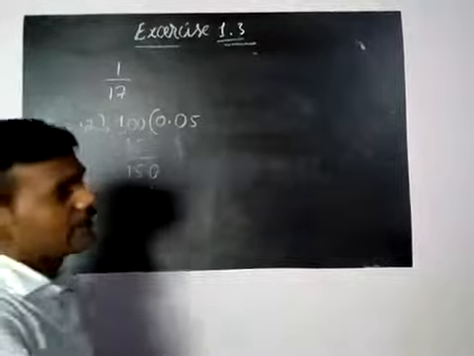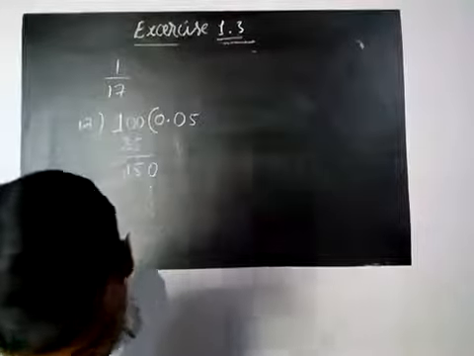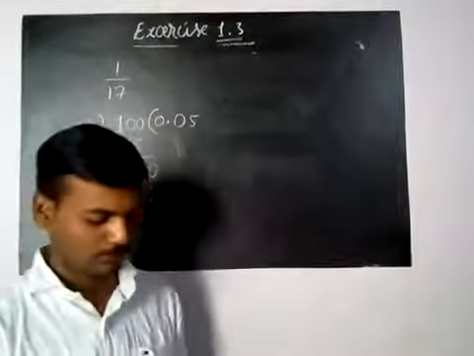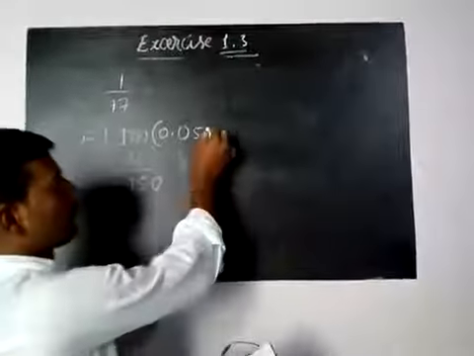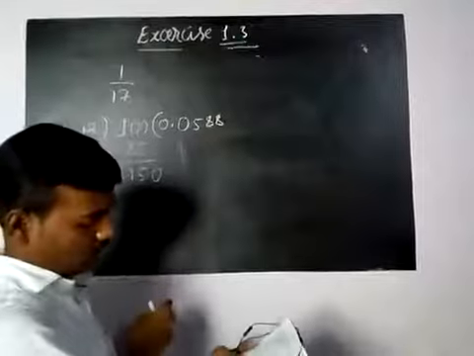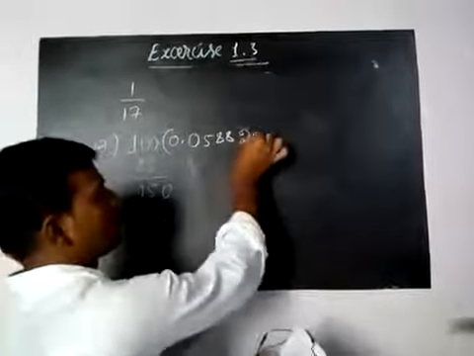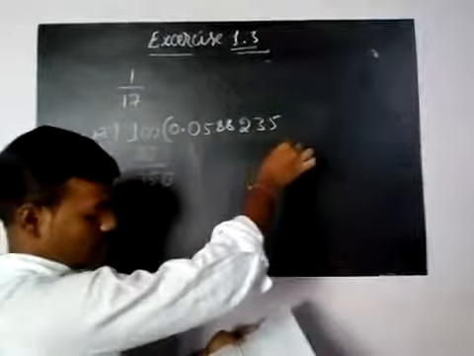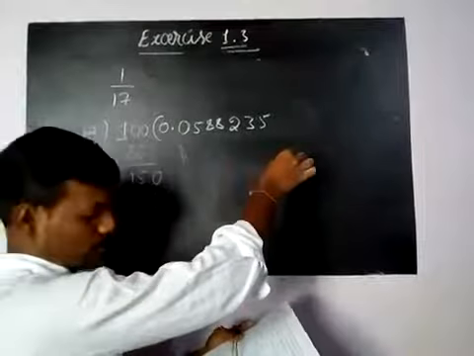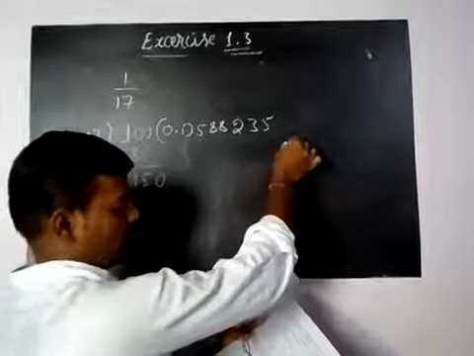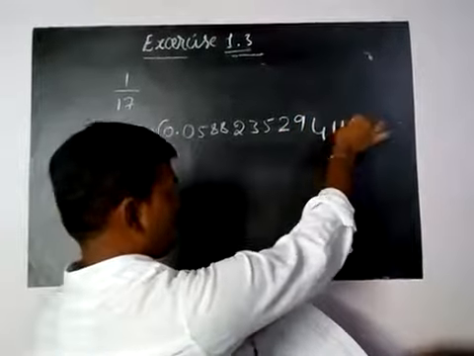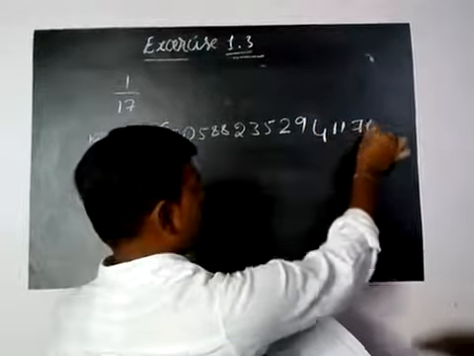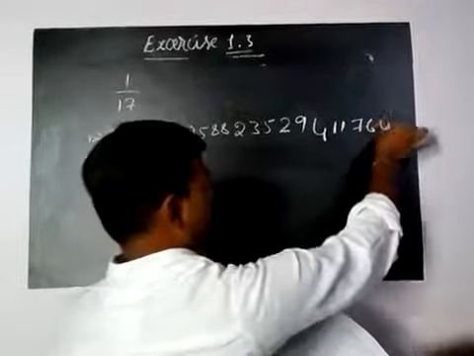You will get the repeating block as 0588235294117647.